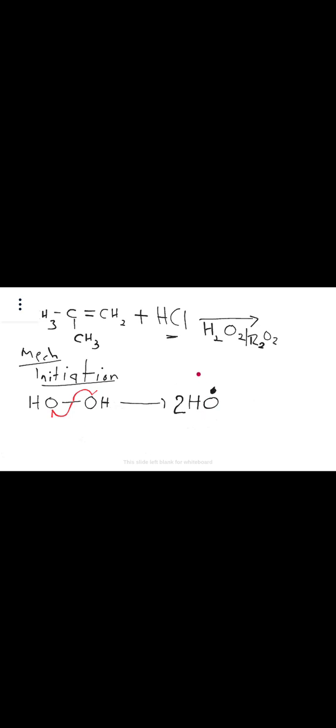We first form the radical. Then the radical breaks the hydrogen chloride. We can use either hydrogen chloride or hydrogen bromide. For alkanes, we used chlorine and bromine. Here we are using HCl and HBr.